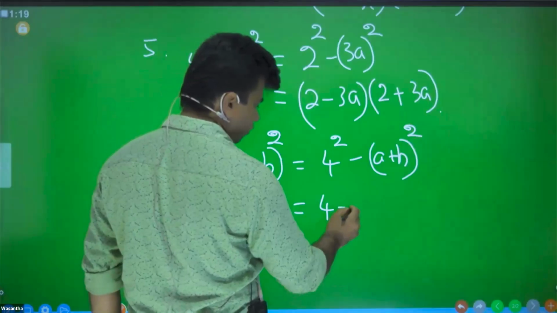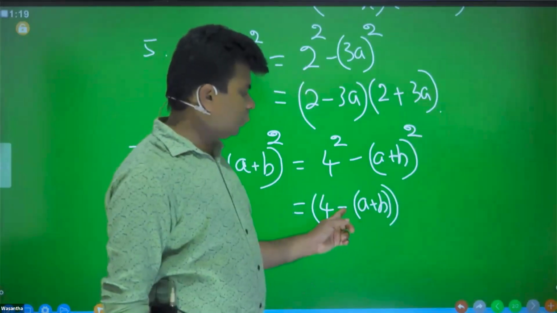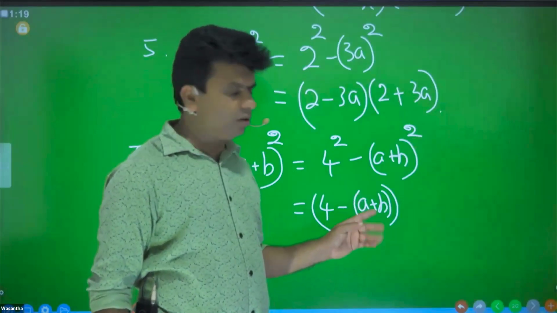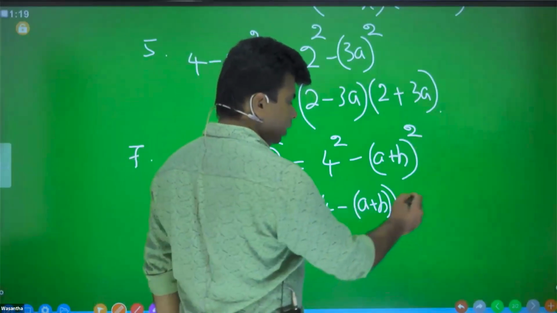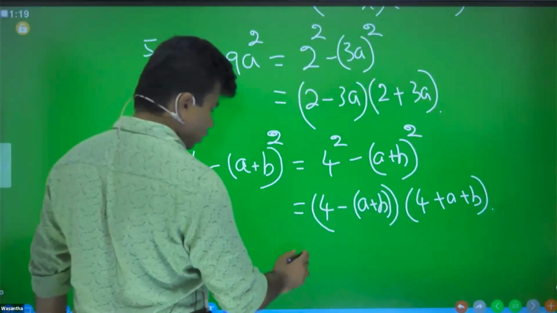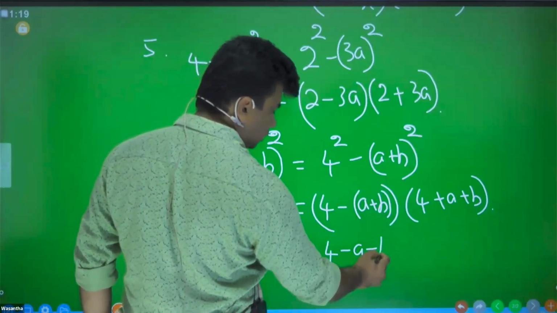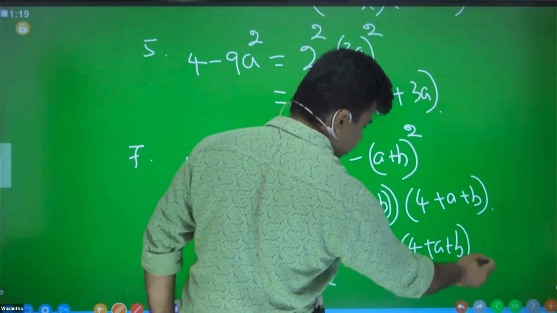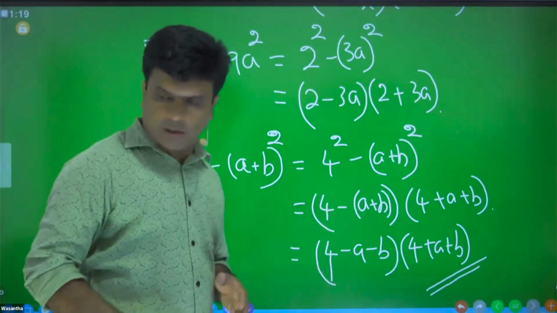One factor is 4 minus within bracket a plus b. Please keep in mind that if there's a negative outside of the bracket, it's a very dangerous relationship. Minus outside of a bracket means a dangerous relationship. And the other factor is 4 plus a plus b, then it doesn't matter. Now minus into a is minus a, minus into plus b is minus b, and here 4 plus a plus b. Actually, this is the most simplified form of the answer. Did you understand?